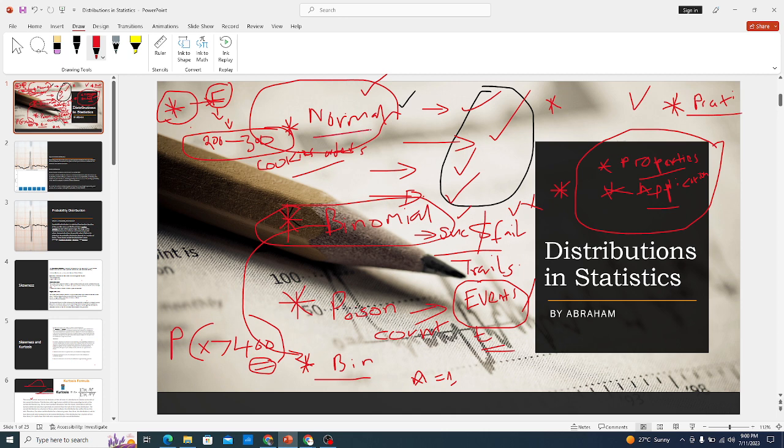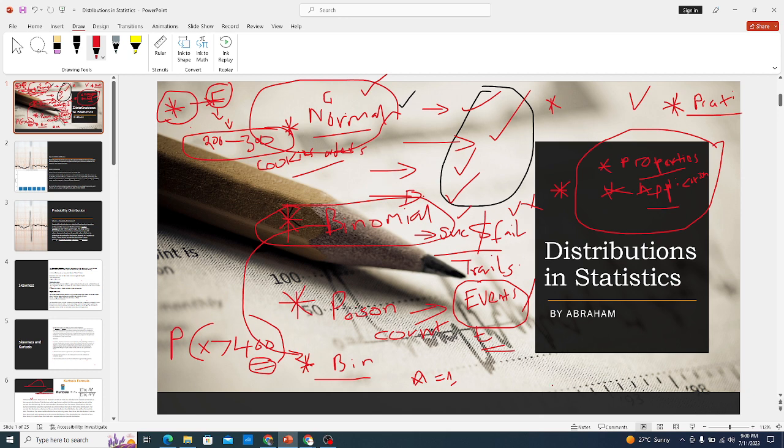Also, the normal distribution is also known as the Gaussian distribution or the bell curve distribution. So these are the major four types of distributions which we will look at.